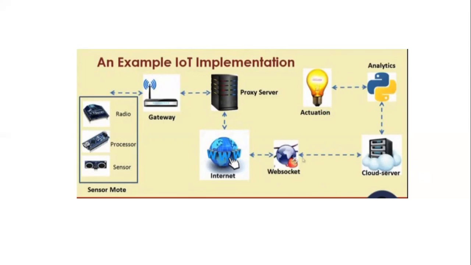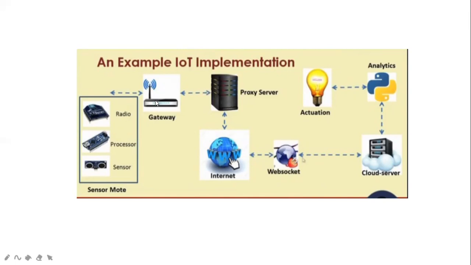First one, gateway. Gateway will sense the data coming from your sensor. Gateway will assign some address to your data, right? Now your data flows in the form of an address, and if your system requires internet, then it will require a proxy server also. We have already seen for what purpose we are using a proxy server: for security purposes.